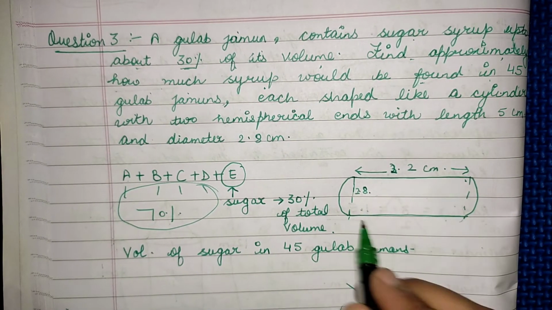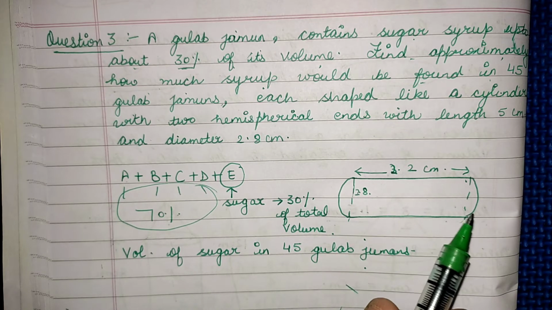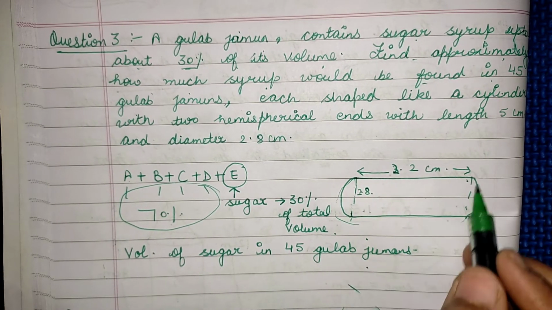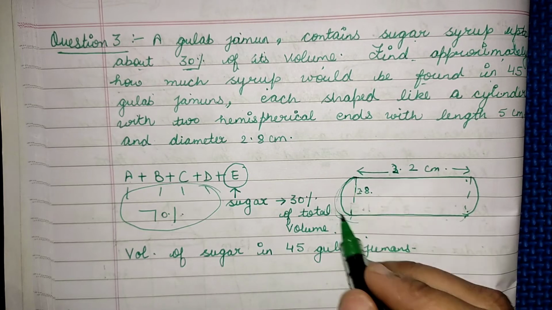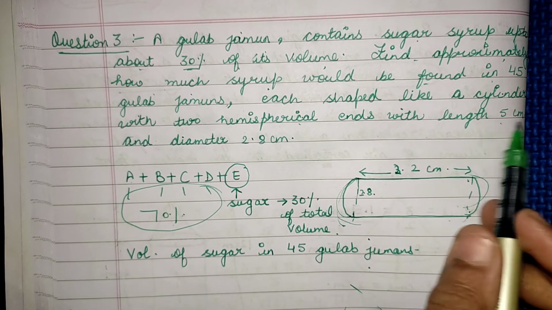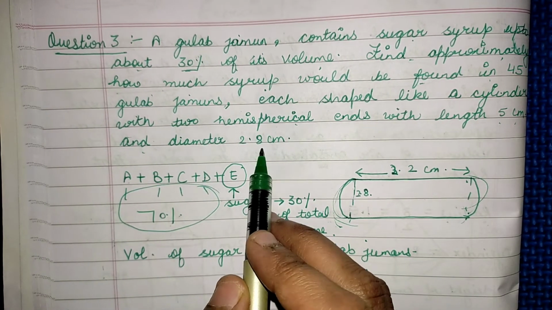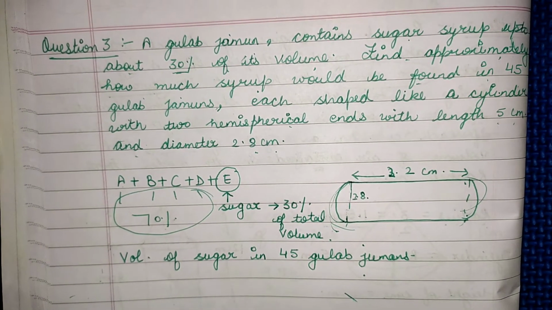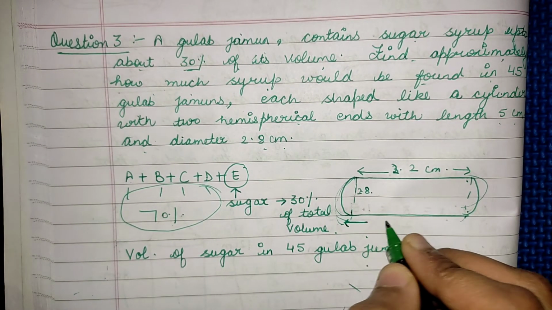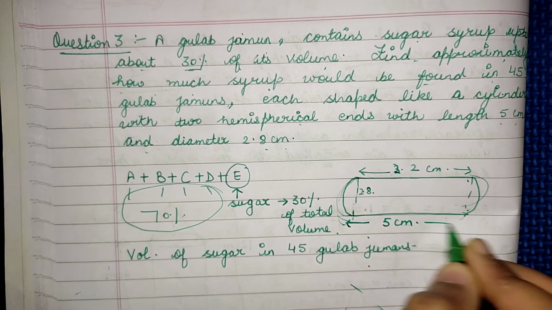It is the same question which we have done in the previous question, question number 2. In that question there was a cylinder and at both the ends a cone was there, but now they are saying there are 2 hemispheres with length 5 centimeter and diameter 2.8 centimeter. So the complete height is given to you, equal to 5 centimeter.